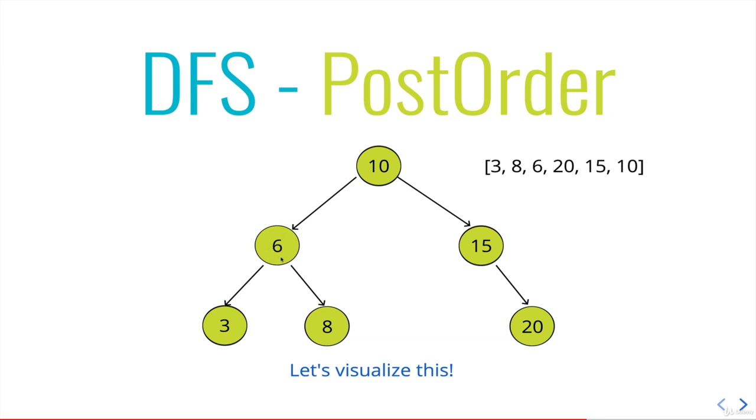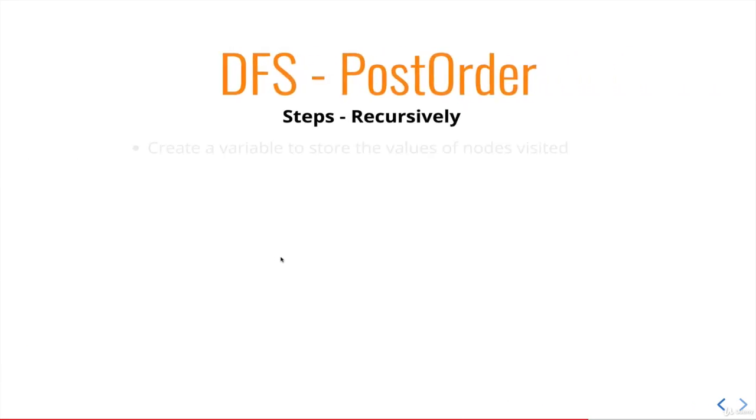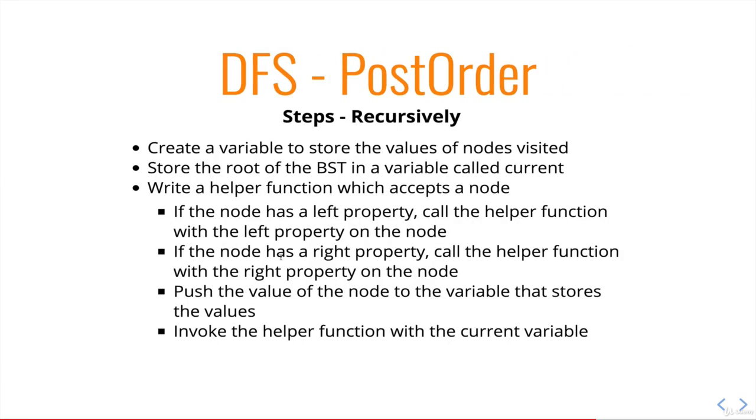Now, practically what this means is you just need to change the order of your code. So if you wrote the solution or you're looking at my solution from the last video for pre-order, everything's pretty much the same. We're going to write a function, it doesn't take any arguments. We're going to make an array or a list to store the values of the things we visited so that we can return it at the end.